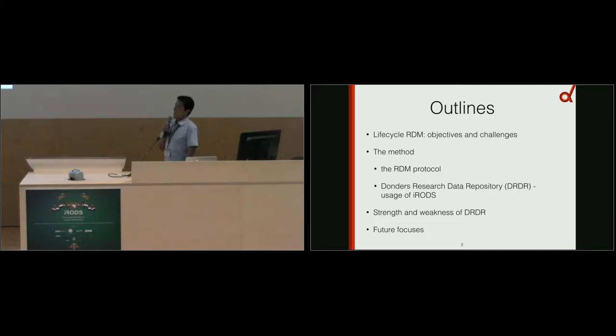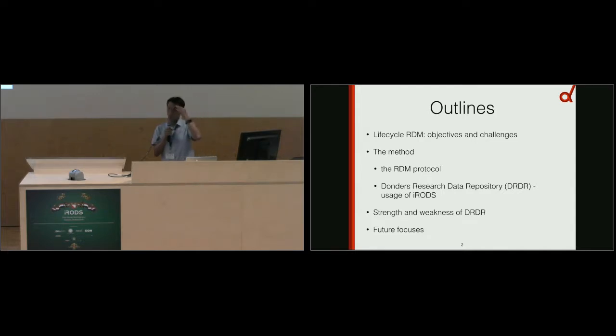So this is the outline. Firstly, I'm going to talk about lifecycle research data management. What does it mean? And also, what are the objectives and the challenges? To tackle those challenges, we developed this system. We use a method, and this method results in two deliverables. One is the so-called research data management protocol, which I will talk about as well.